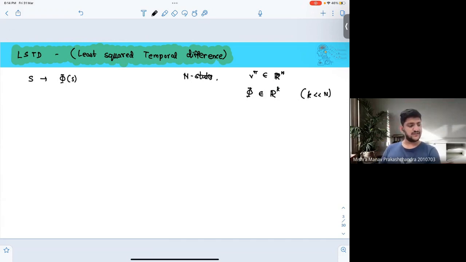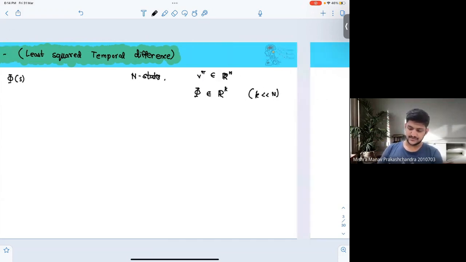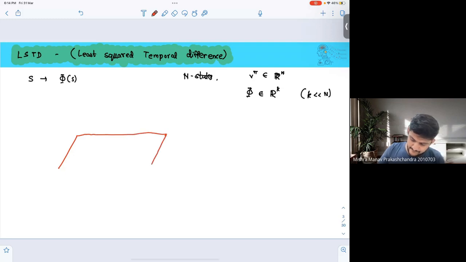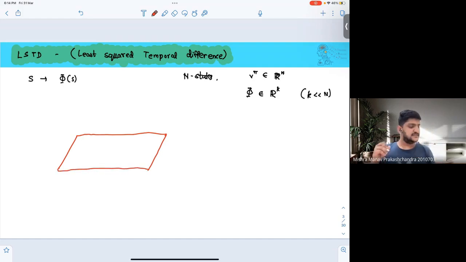Okay, so if I were to represent it, let's say we use a different color here. So say this is my phi space.